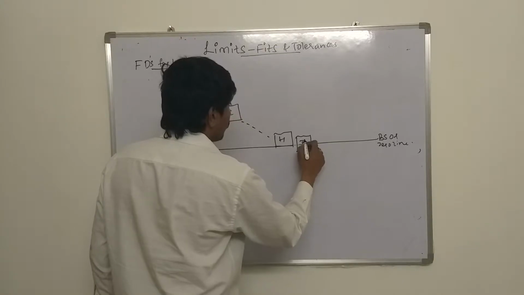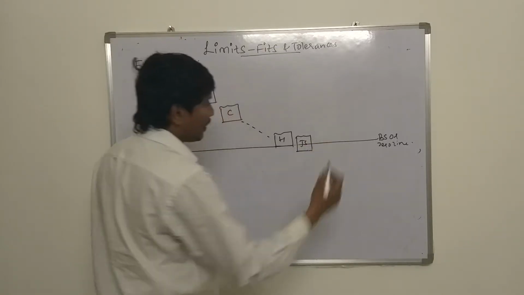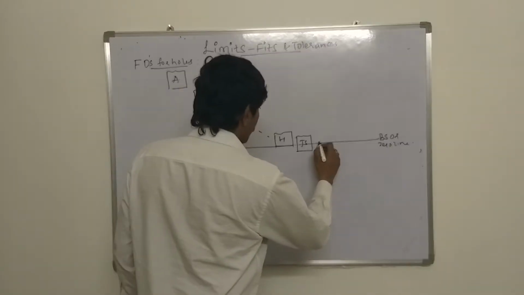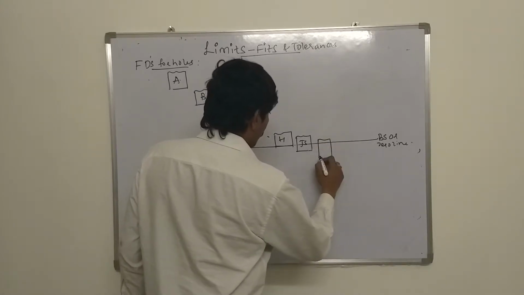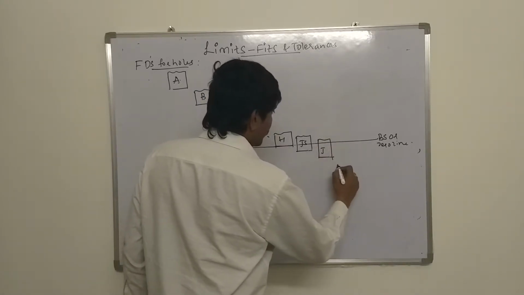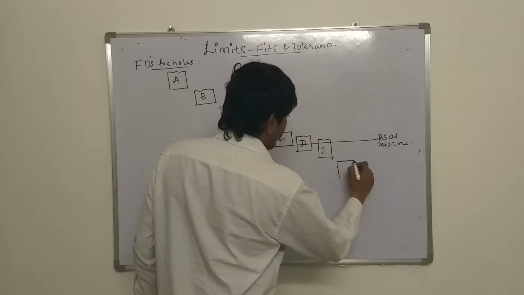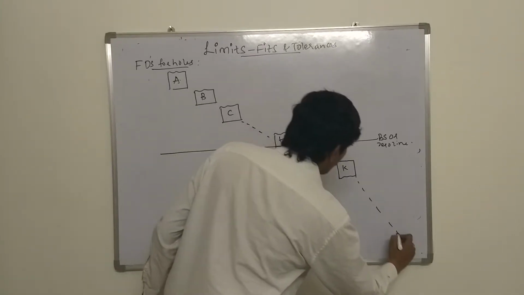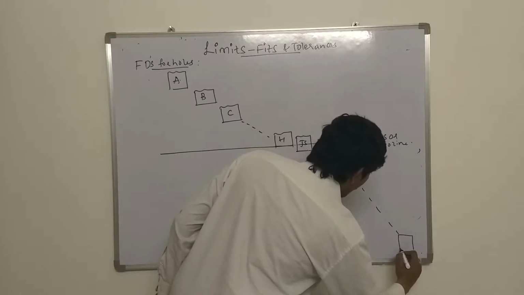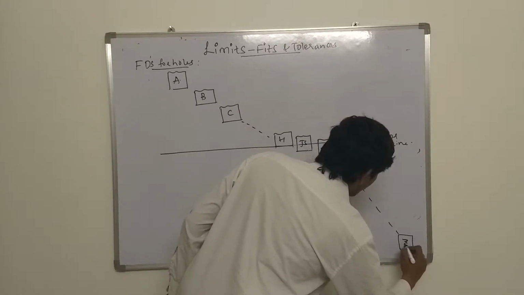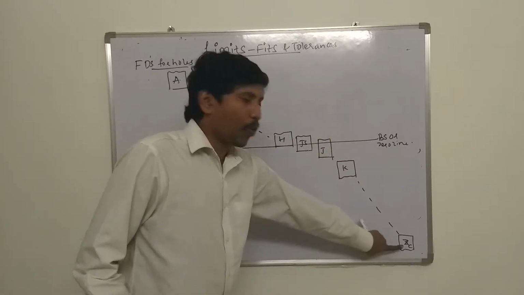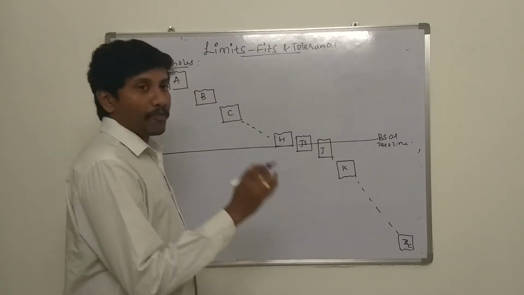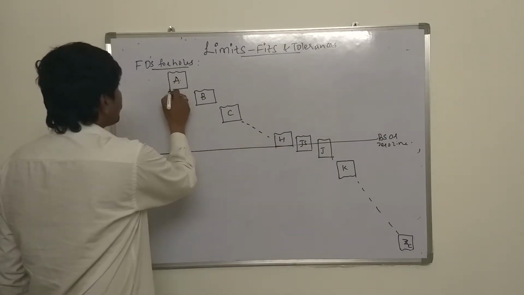Next is the J. Next is the K. So on up to the last one, which is the ZC hole.